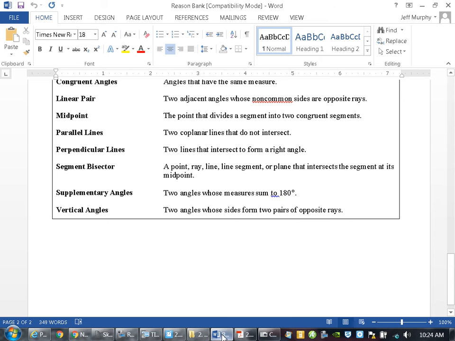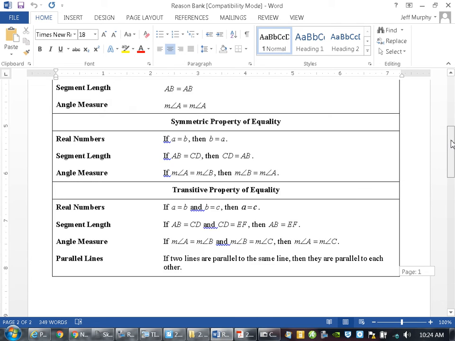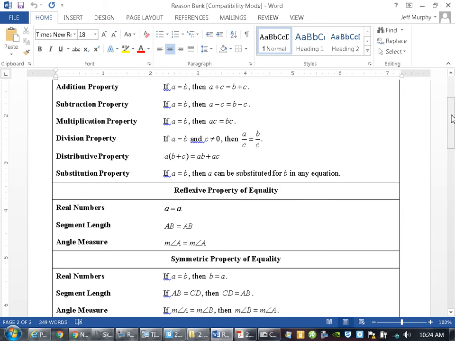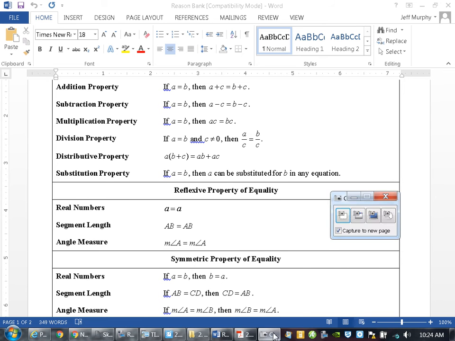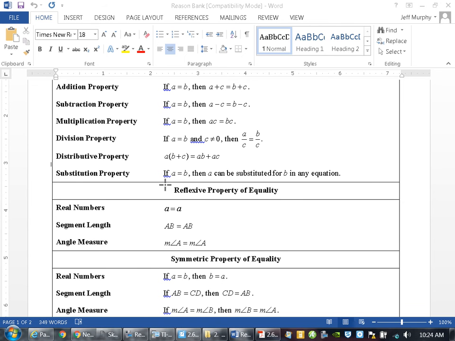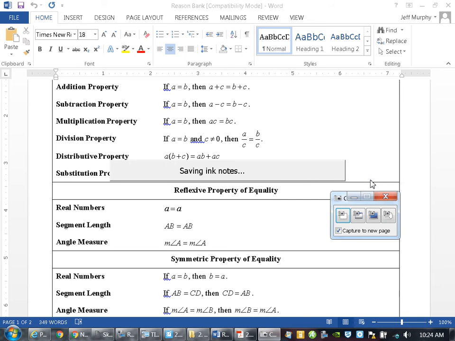On your reason bank, we have something here called substitution. Substitution is basically when two things equal the same thing, they equal each other.